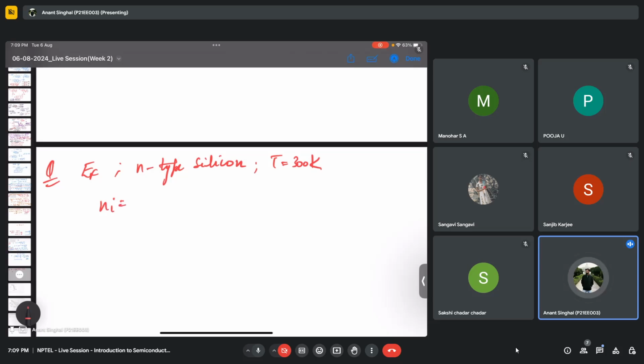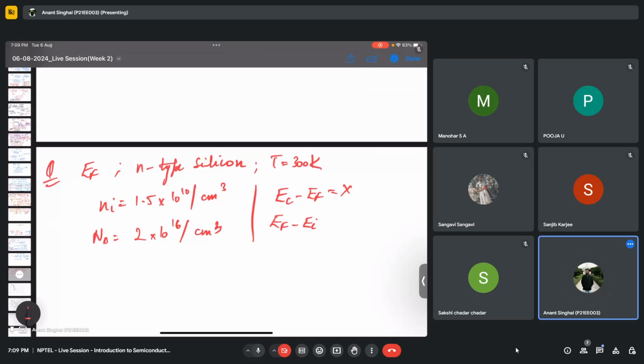The Ni that you need to take is 1.5 times 10 raised to 10 per centimeter cube, and the doping level that we have is 10 raised to 16 per centimeter cube. And this time you need to calculate not EC minus EF, but EF minus EI. So this is the question.